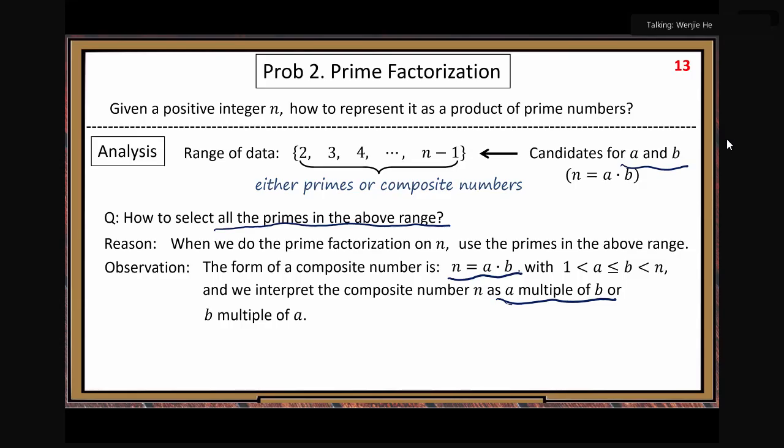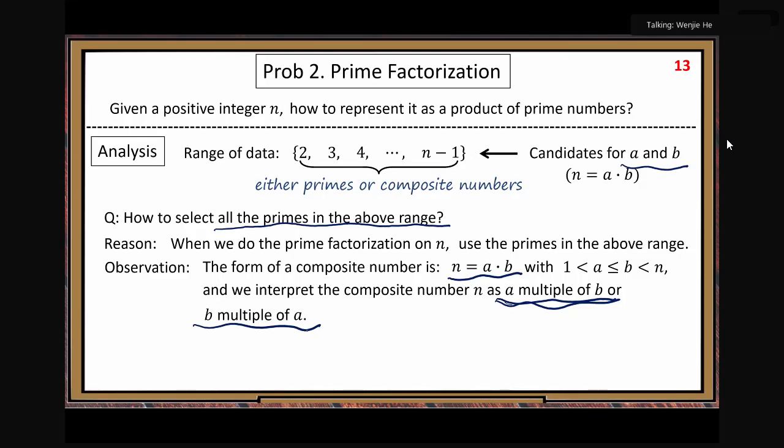So here, the view: n is a multiple of b, a composite number, and also b is a multiple of a. This view would result in that well-known algorithm, the sieve of Eratosthenes.